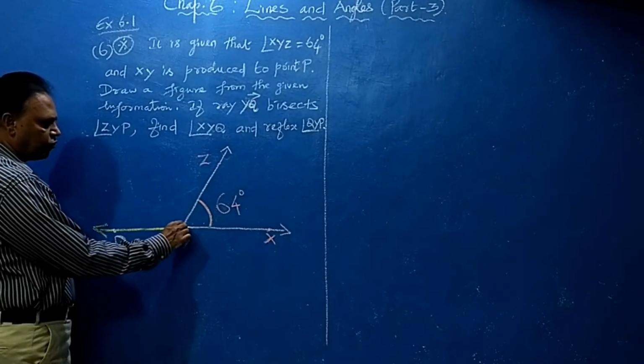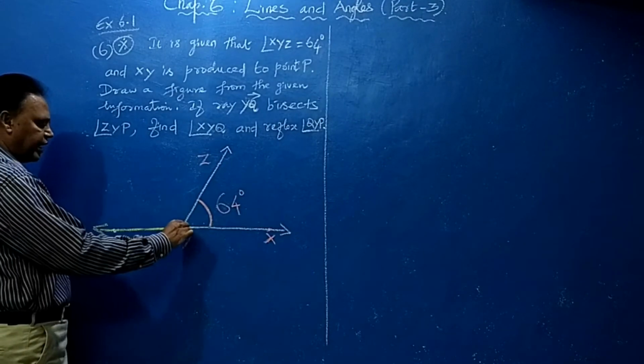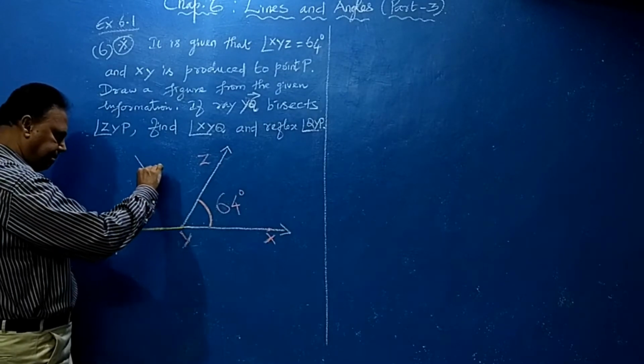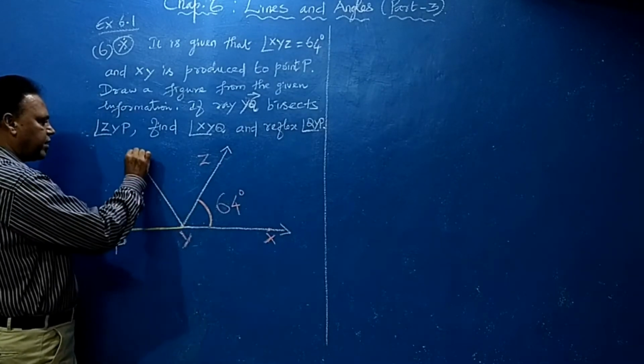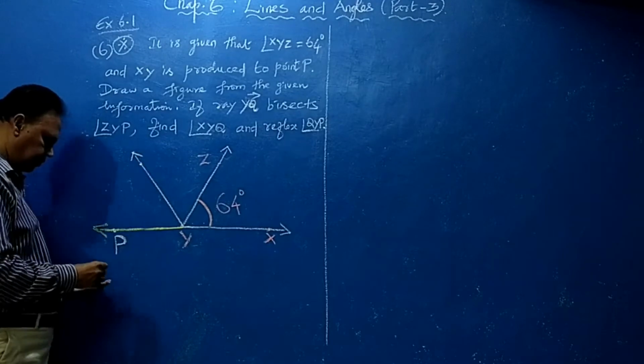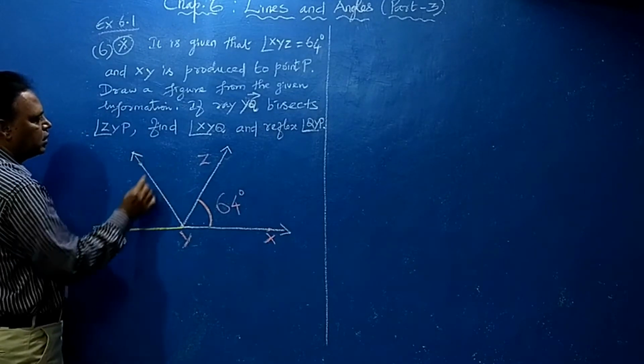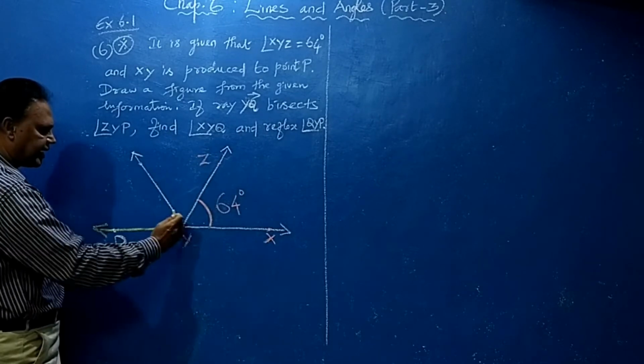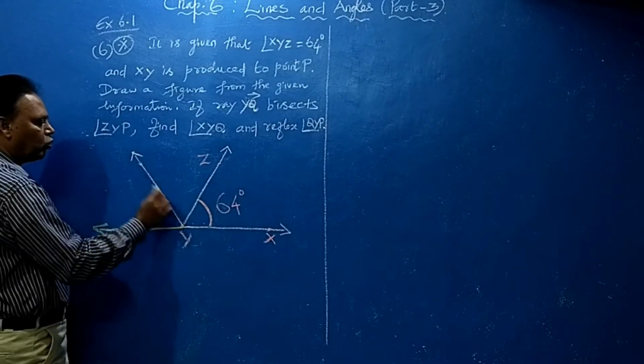So next, from Y you have to draw one ray, ray YQ, which bisects angle ZYP. Bisect means divide into two equal parts.